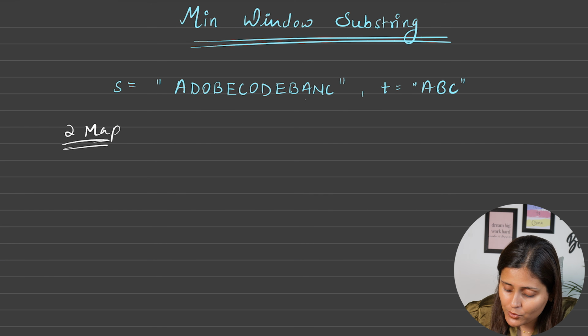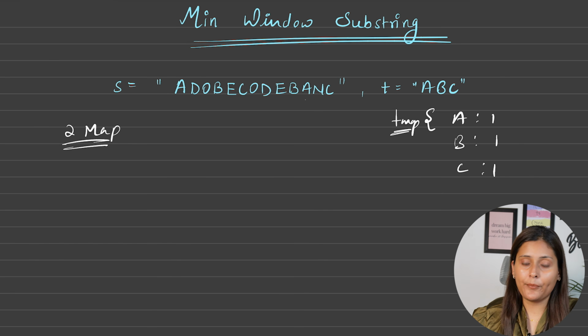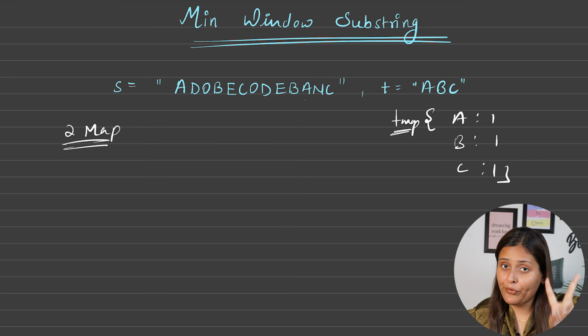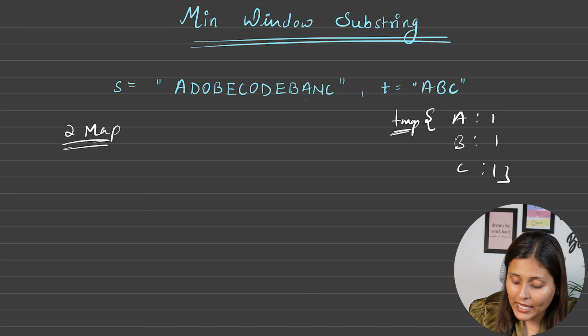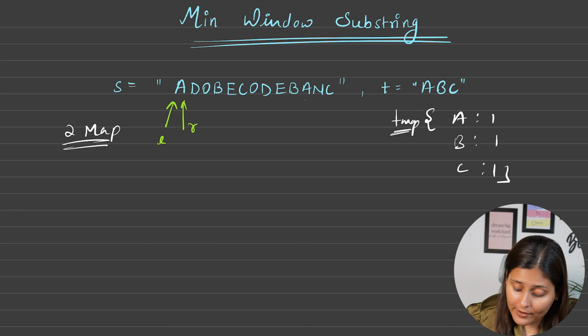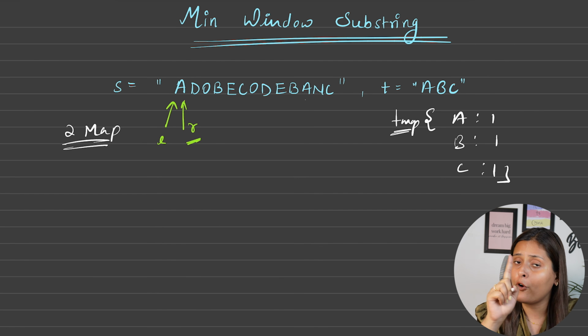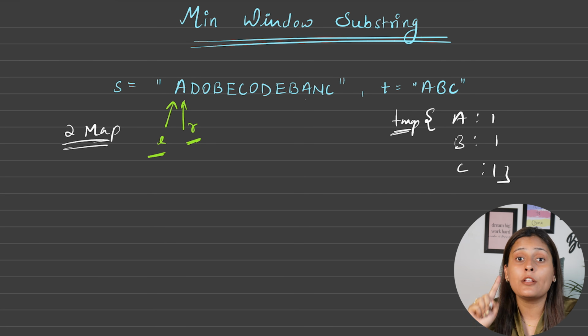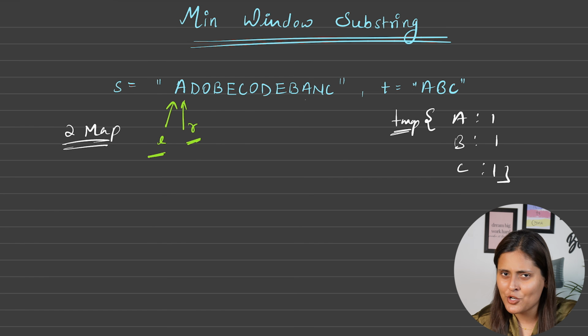Okay, so the two map solution says we'll first make the T map, and here we'll save the frequency of A, B and C. Now the new map, which is the S map, will take care of the characters from here, one by one. As you know, in sliding window there are two phases, expansion and shrinking. We always start our left and right pointer, where the right pointer is always responsible for expansion, and the left pointer is always responsible for shrinking.